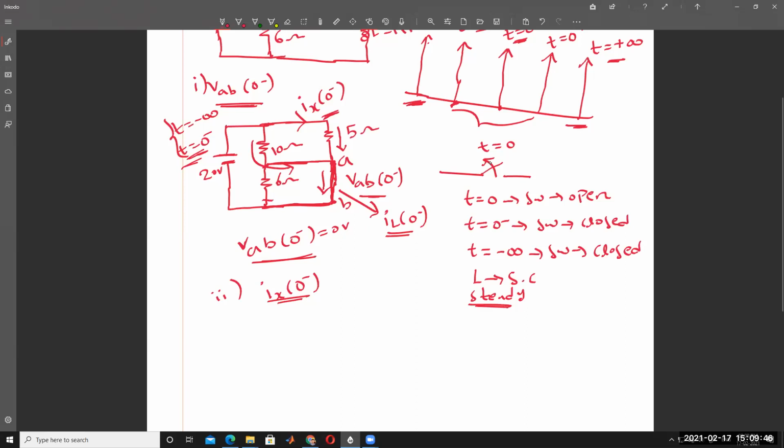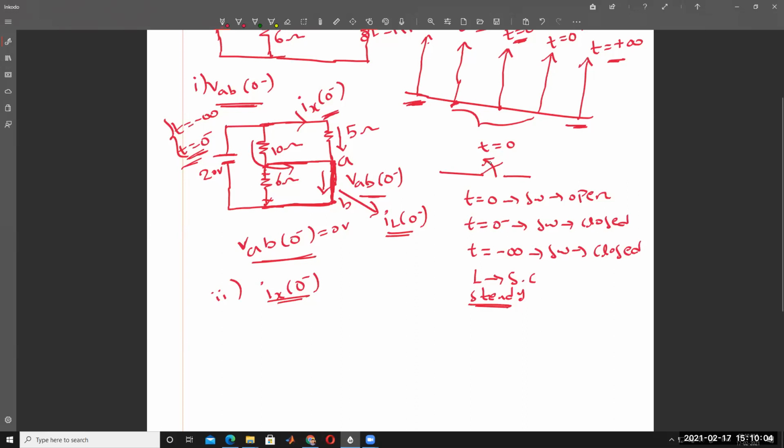There is no use of the 6 ohm resistor because it is short circuited by one wire, so no current flows through it. That's why the 20 volt source is connected across the 10 ohm resistor and the 5 ohm resistor.